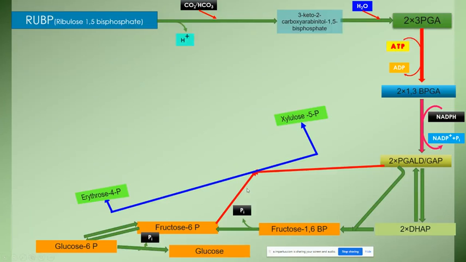So very easy. You remember, the first step is fructose 6-phosphate to phosphoglyceraldehyde. This is 6 carbon. Glyceraldehyde, how much carbon? 3 carbon. 6 plus 3 equals 9. It will split into erythrose 4-phosphate, 4 carbon, and xylulose 5-phosphate, 5 carbon, by the enzyme transketolase.